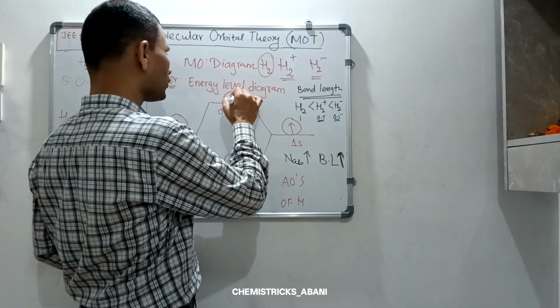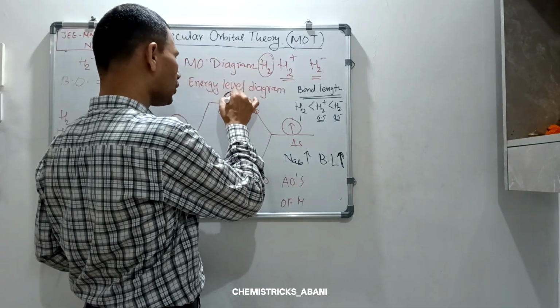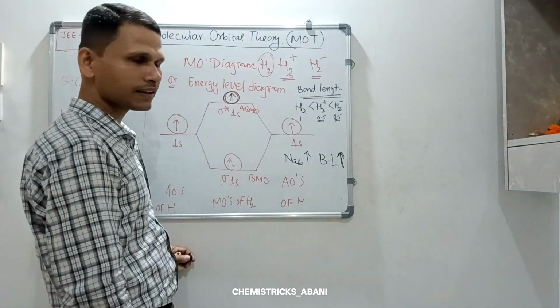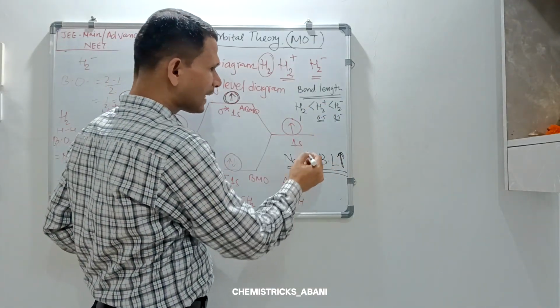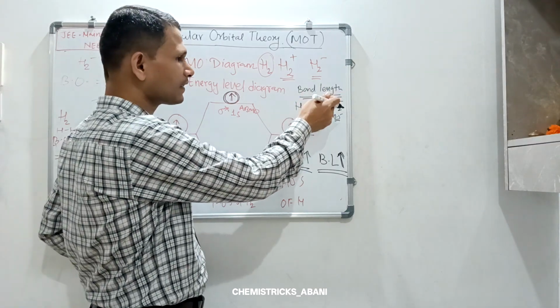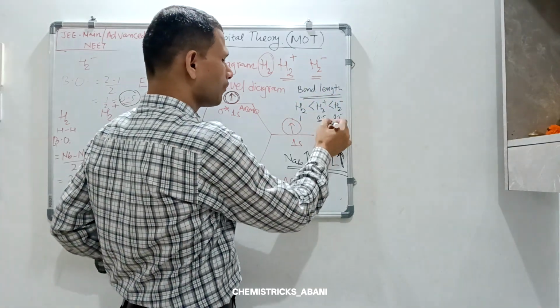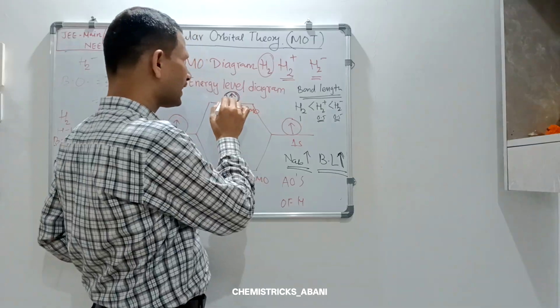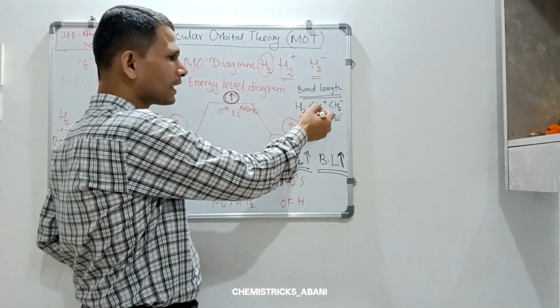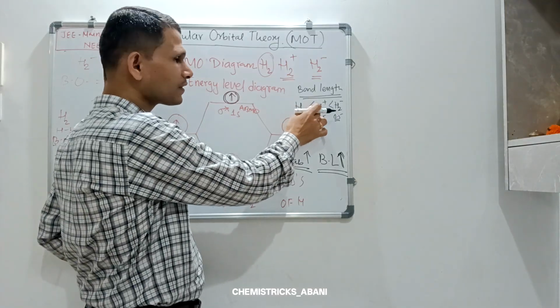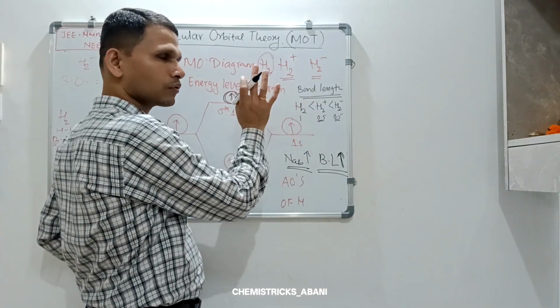Remember, in H2 minus there is one extra electron in the anti-bonding orbital, so the bond length of H2 minus increases. There is no electron in the anti-bonding orbital in H2 plus, or in H2.